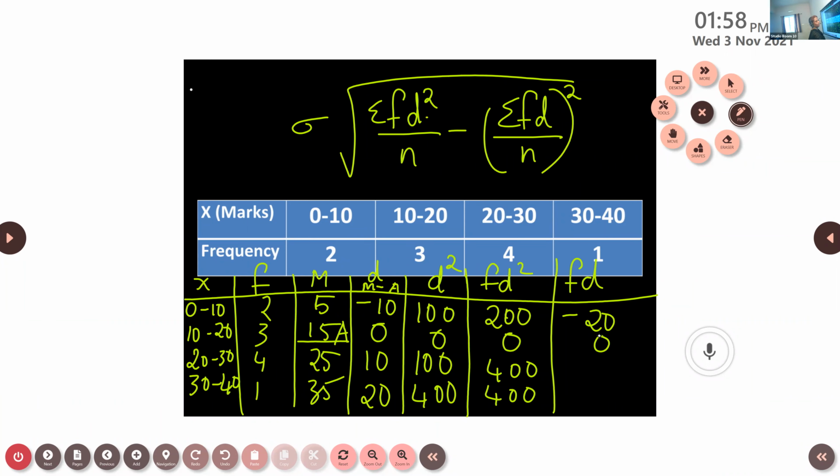Next, Akshay, third one? Kevin, 40. Roseanne, 20. Now find the sum of all these. Sigma FD square you need, sigma FD you need.